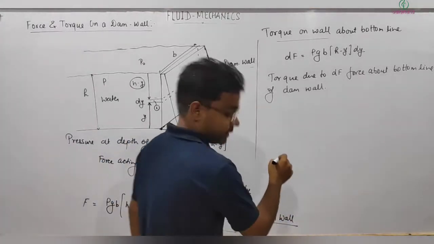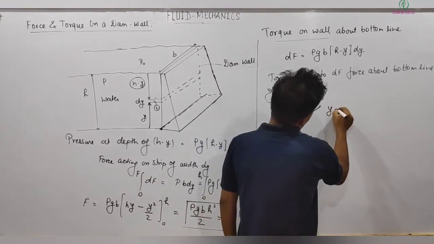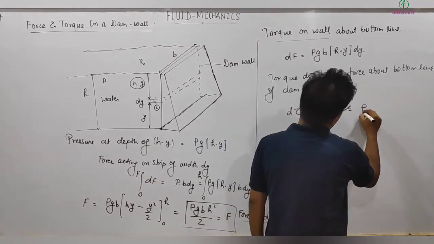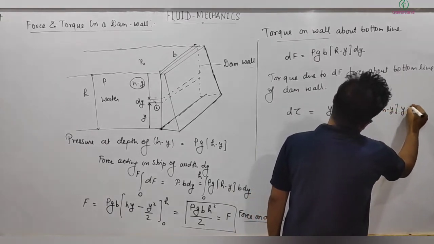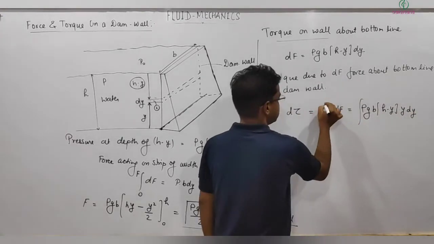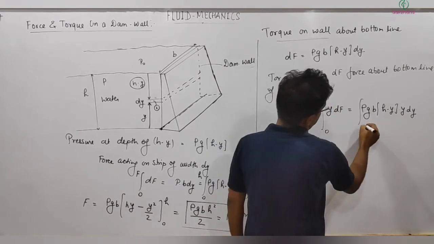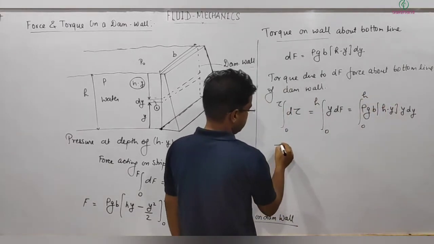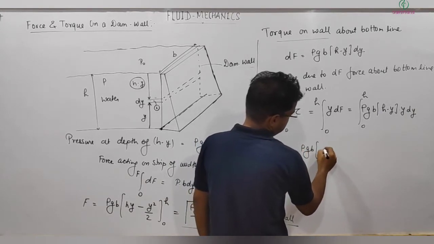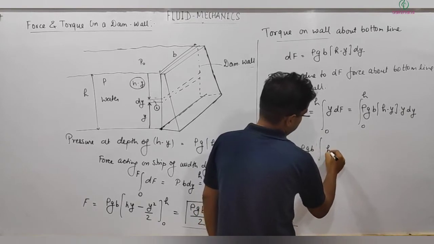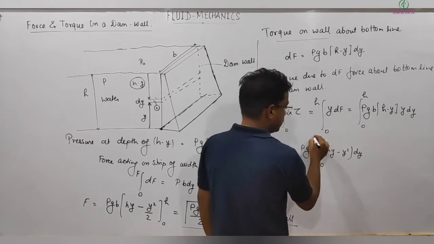Okay, so then I can write d tau is equal to y multiplied by dF, and that is equal to rho g b (h minus y) y dy. Total torque, simple integration, limit 0 to h. Tau is equal to rho g b integration of (hy minus y square) dy from 0 to h.